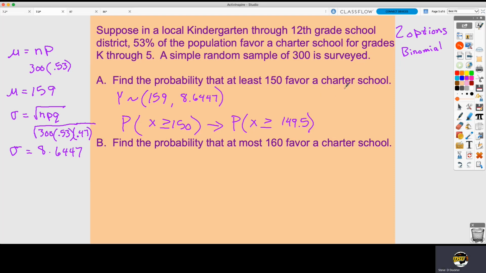Our lower would be the 149.5. Our upper would be how much? Very good, 1E99. And then we've got our mu value of 159 and our standard deviation of 8.6447. If we use those numbers, what do we get for an answer here?